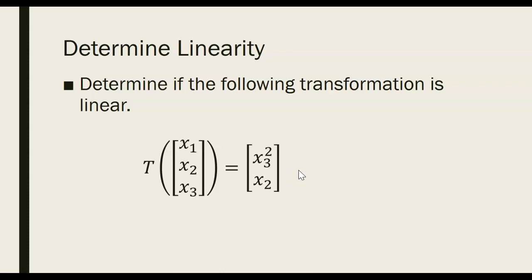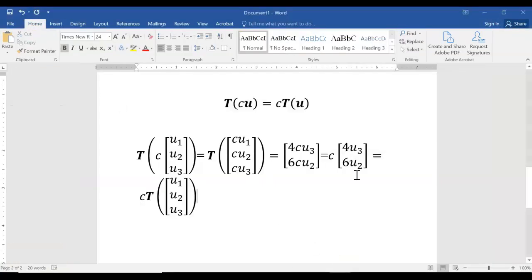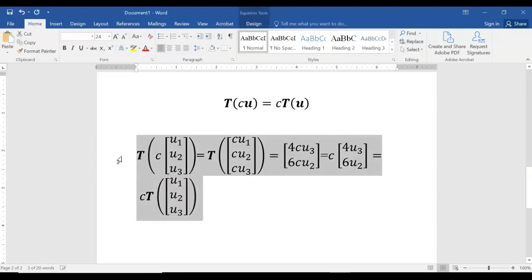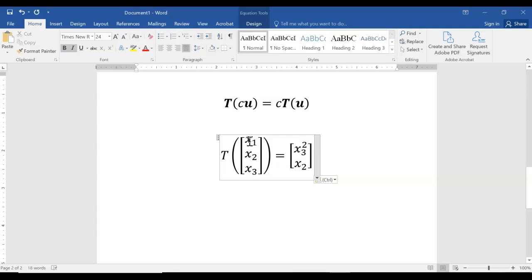So what we're going to do is pick one of our properties. In fact, it doesn't matter which one you pick. This transformation won't hold for either property. But let me pick the scalar multiple property. I claim that there are certain vectors out there that this scalar multiple property will not hold for.